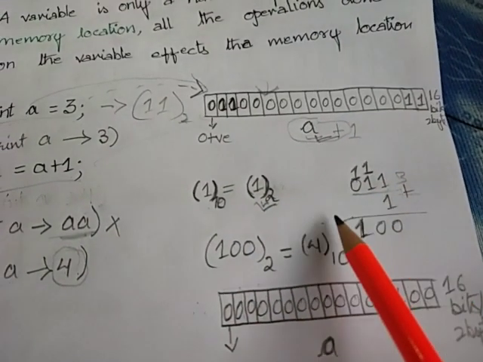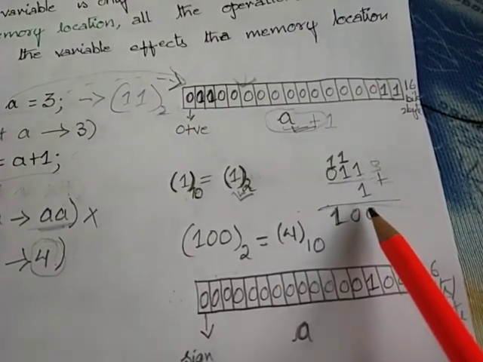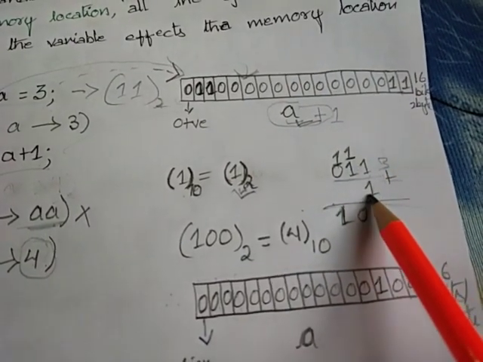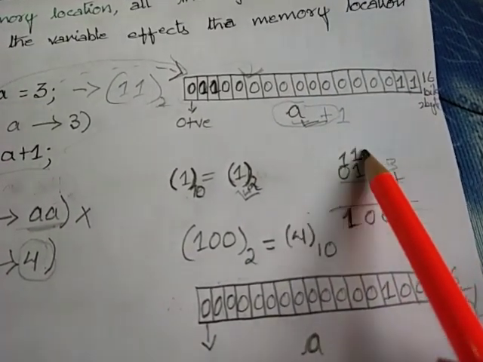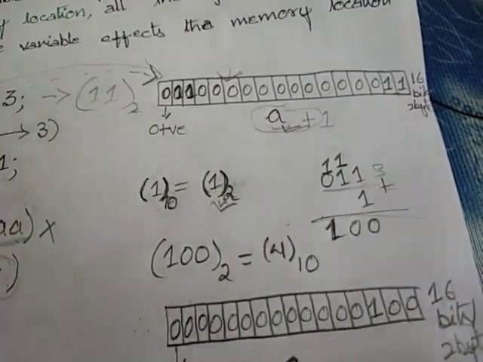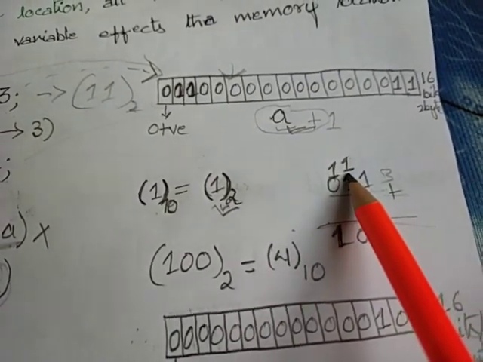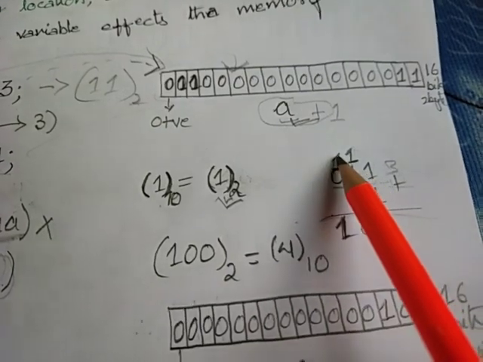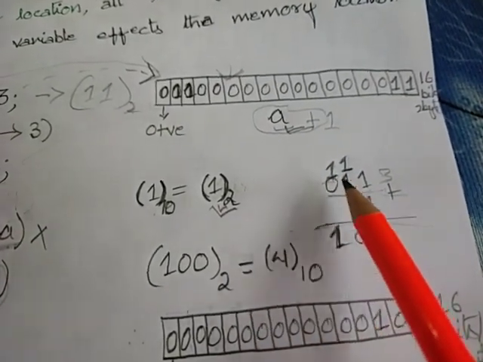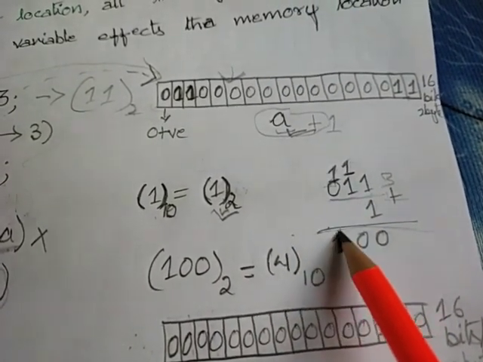How is arithmetic addition performed? 1 plus 1 is equal to 1 0. I carry 1 and I write 0. Then again 1 plus the carry over 1 will be 1 0, so I carry 1 and I write 0. And 0 plus the carry over 1 will be 1.